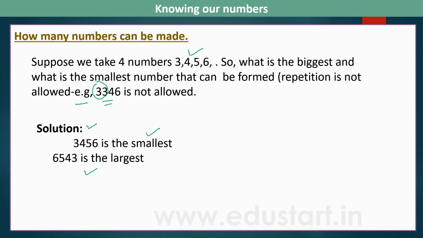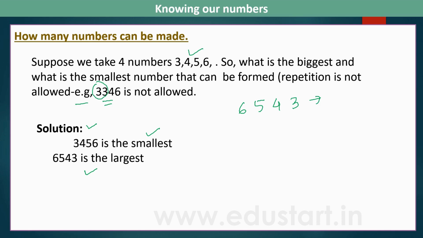Now what is the rule? When you get this type of question, make sure to put the biggest digit at the largest place to get the biggest number. So here, put 6 at thousands place, then 5 at hundreds place, then 4 at tens place, and 3 at units place.